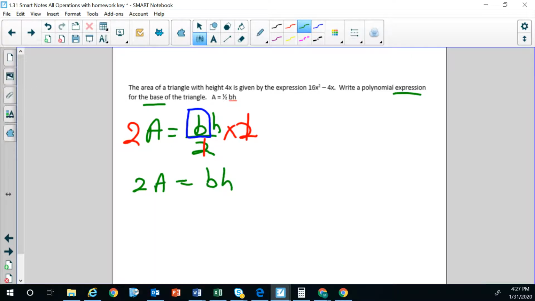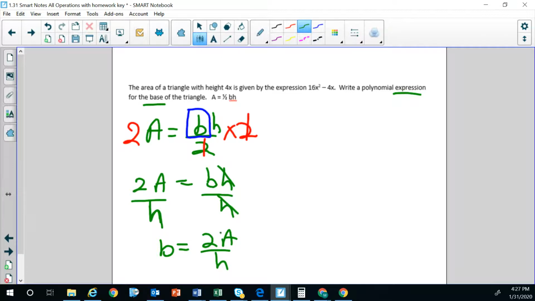Now, the B is being multiplied by H. How do I undo the multiplication? I divide by H. That is the inverse of multiplying. The H cancels out, and I'm left with B is equal to 2A over H. All right. Now, let's go to the top here.